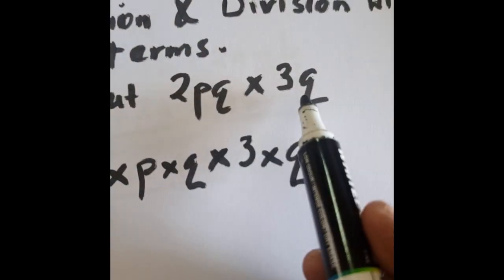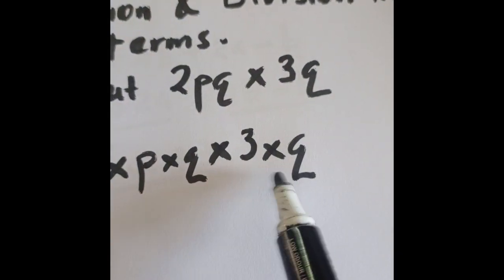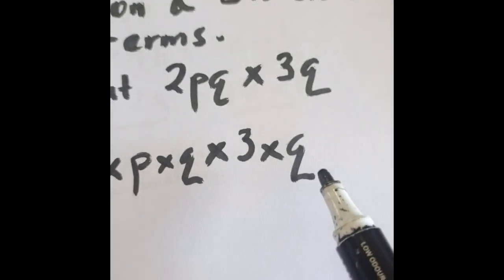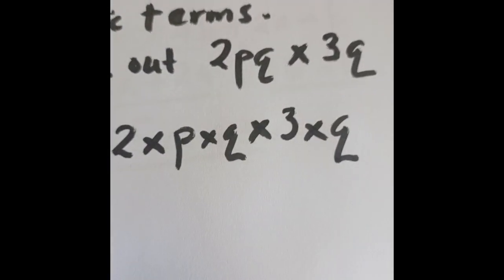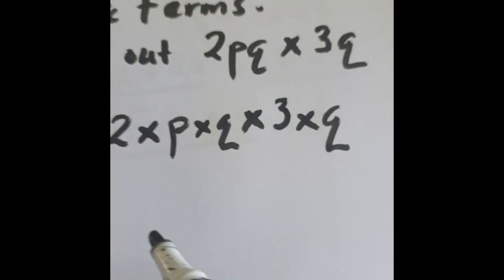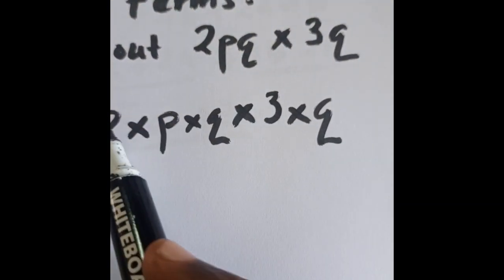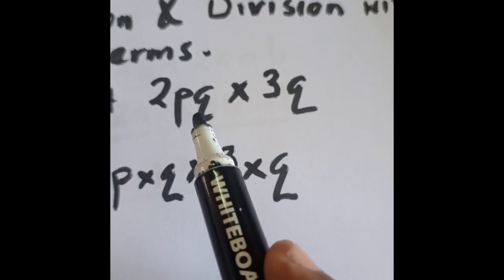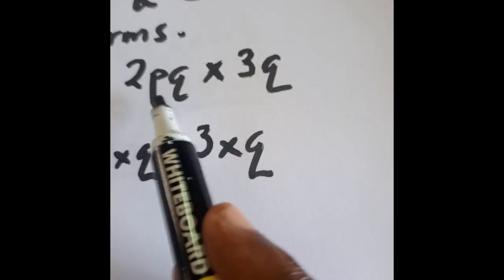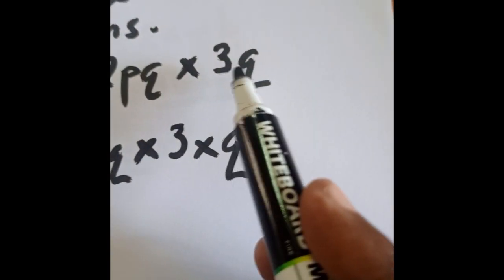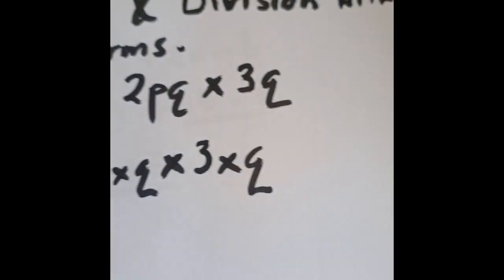So what we have there is 2 times p times q times 3 times q. Now in this case, the norm is we multiply the constant parts, what earlier on, remember we said were coefficients. So in this case, we have 2pq, 2 is the coefficient, and 3q, 3 is the coefficient.